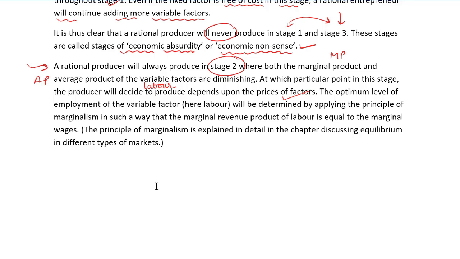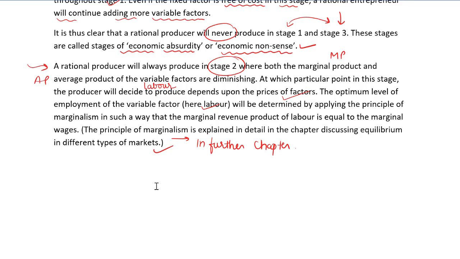The optimum level of employment of the variable factor, here labor, will be determined by applying the principle of marginalism, such that the marginal revenue product of labor is equal to the marginal wage. The principle of marginalism is explained in detail in the chapter discussing equilibrium in different types of market. So in further chapters we will discuss that.